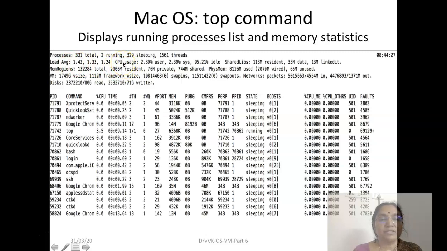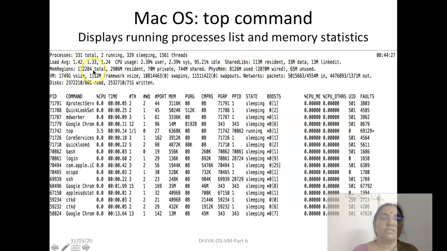And these are the percentages of CPU usage. User jobs, this is the percentage of time the CPU is executing user jobs. Then system jobs, and then this is the time for which the CPU is sitting idle. And this is about the shared libs and the related memory usage.